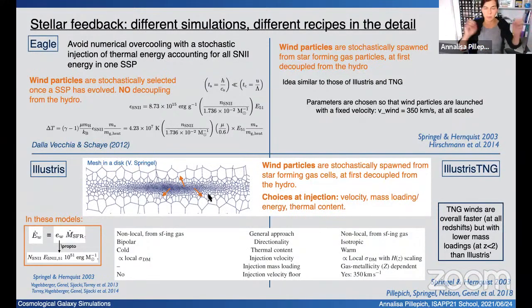And we give it a kick, we give it a velocity in a given direction, so that we remove gas from the star-forming regions of galaxies and bring it to lower density regions of galaxies, and solve the problem of too much star formation because of too much conversion of gas into stars.